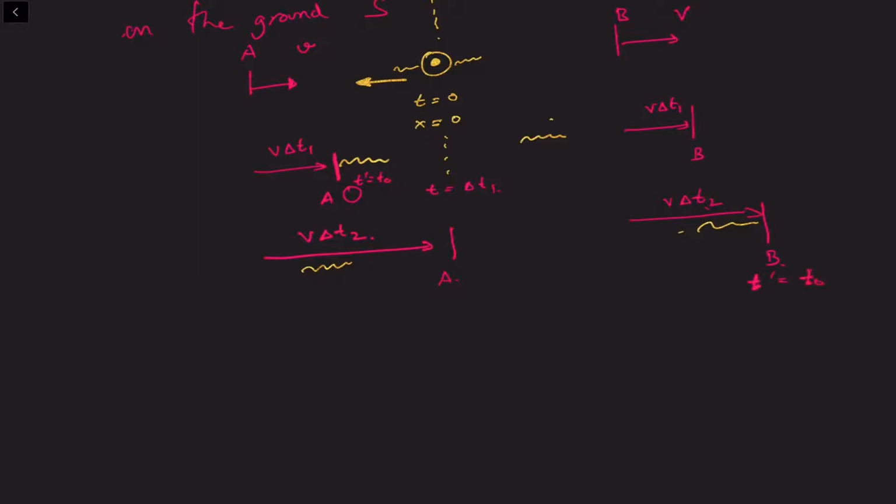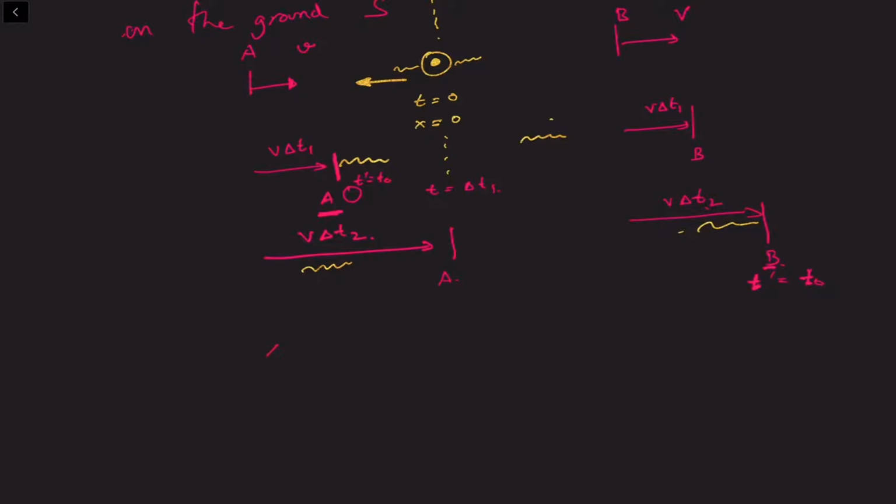So the observer on the train is concluding that these events A and B are simultaneous, whereas to the ground observer, they do not appear to be simultaneous. And therefore, it looks like the clocks at A and B have an offset with each other. And the amount of offset is the thing that we really want to determine.